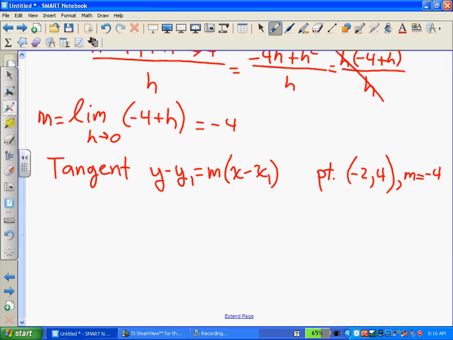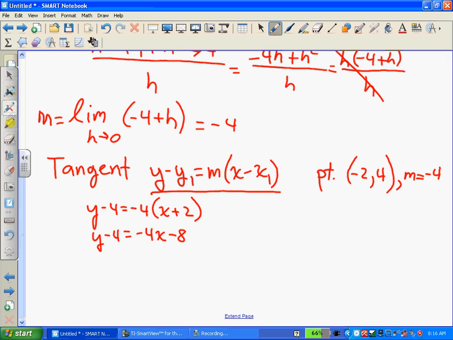So let's plug those values in, and we get y minus 4 equals -4 times (x plus 2). Simplify that, I get y minus 4 equals -4x minus 8.